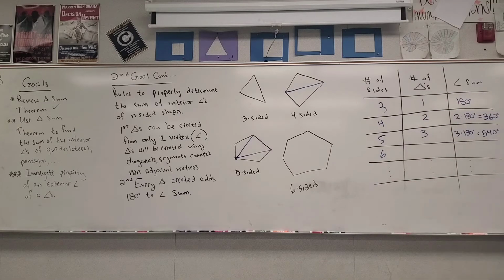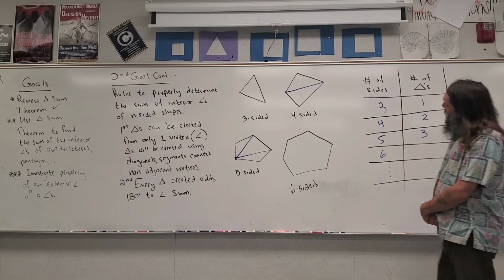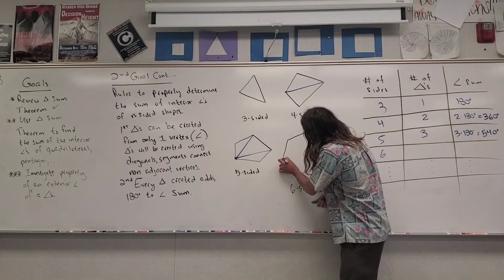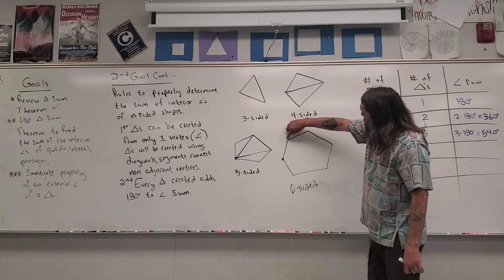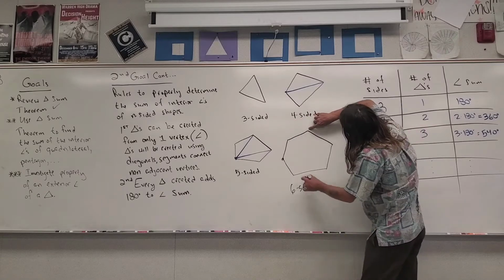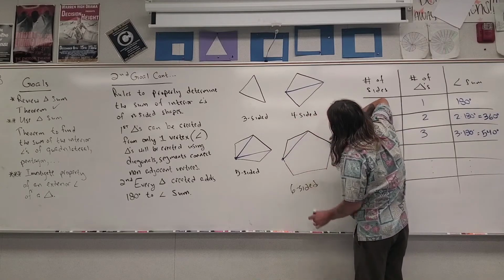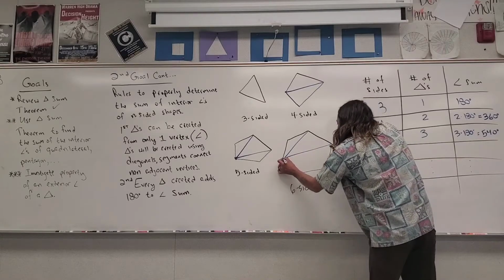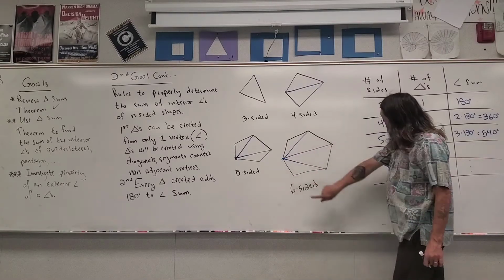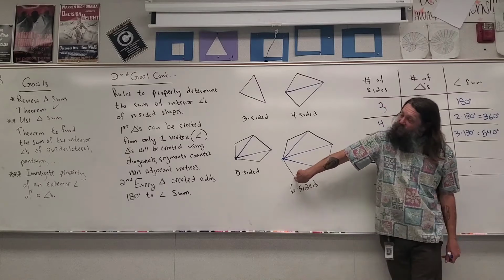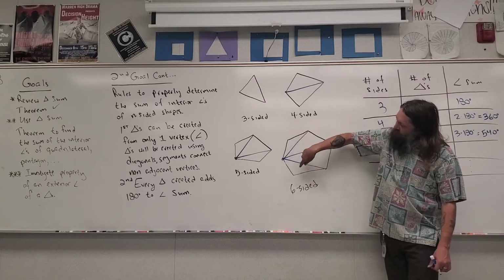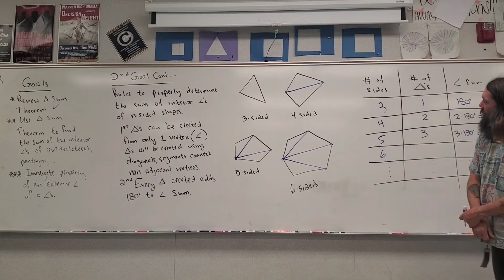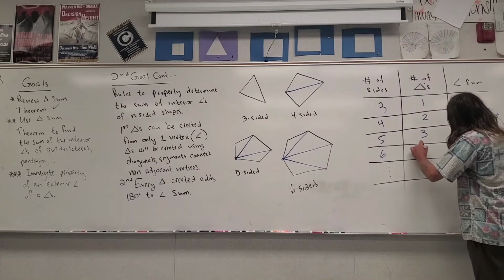Let's look at our 6-sided shape. I'll start from this vertex. I can't connect to that because that's adjacent. I can connect to that because it's non-adjacent. I can connect to that because that's non-adjacent. I can connect to that because it's non-adjacent. Can't connect to that because that's adjacent. My 6-sided shape creates 4 triangles on the inside.